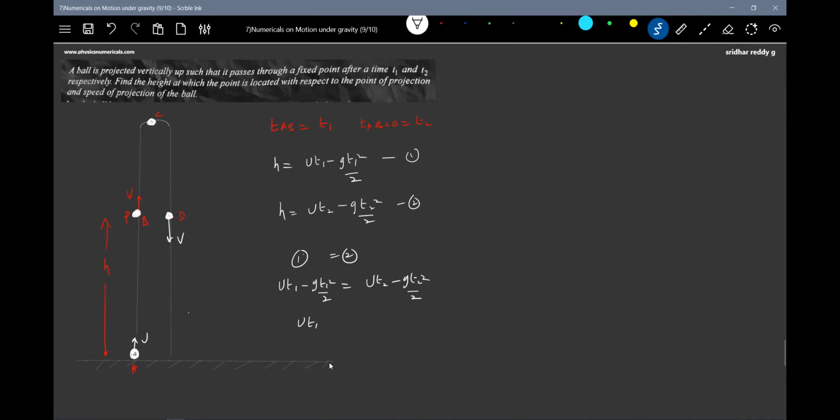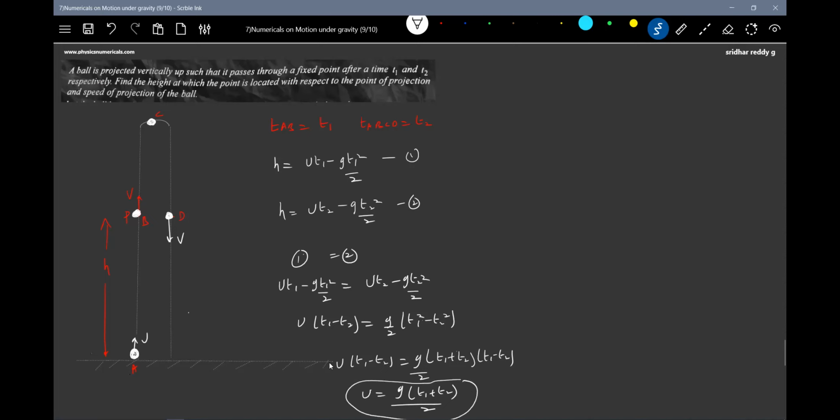So this will become U times (T1 minus T2) equals half G (T1 minus T2)(T1 plus T2). So this is the initial velocity. What is U?